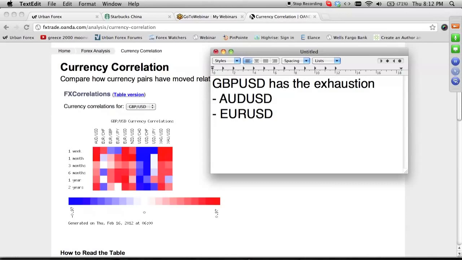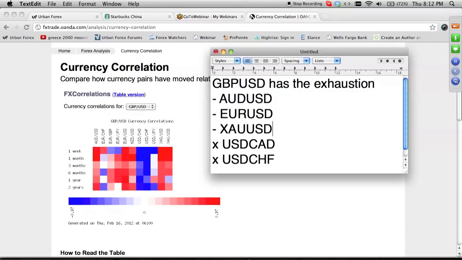Now for the opposite, I'll put an X: US dollar CAD, US dollar Swiss franc, and in the last week US dollar Japanese yen. But let's skip Japanese yen because we've had whipsaws in the past also. But we do have gold that goes with it. If you like gold trading, gold is an option too.